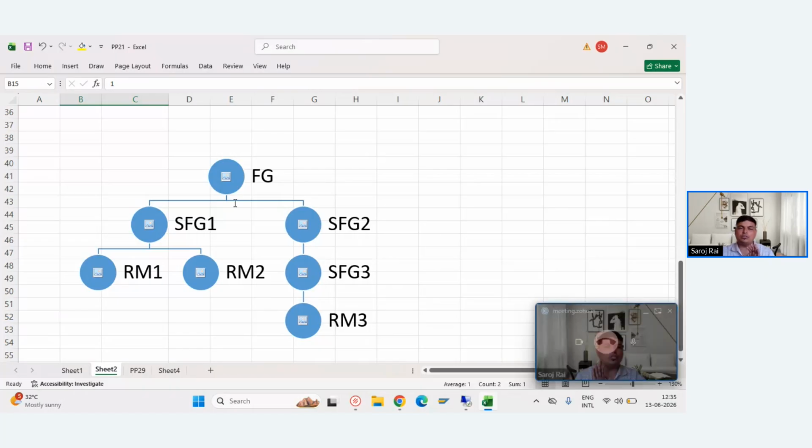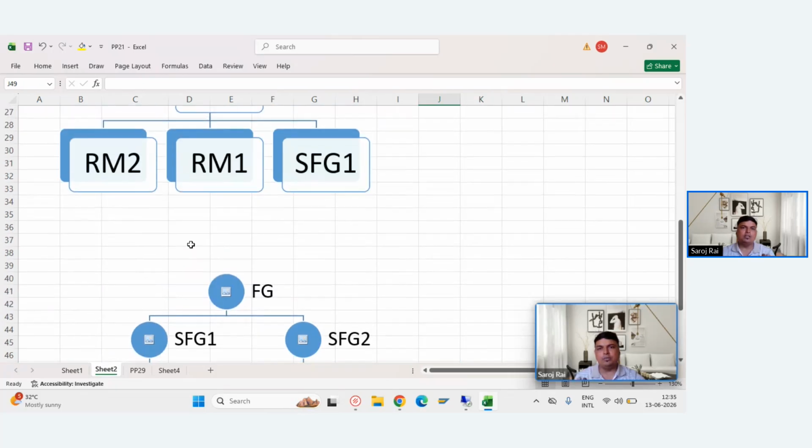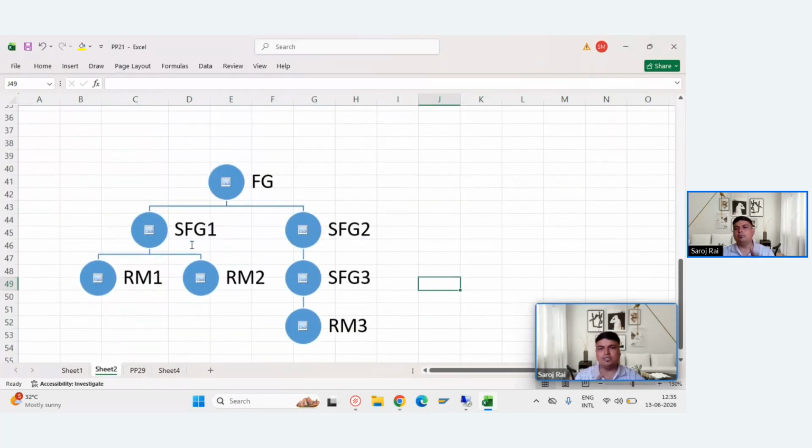So how will production happen in this case? From the bottom: first we produce SFG3, then SFG2, then SFG1, and then we get my final product. So this is a single item, multi-level BOM. For one BOM, there are multiple levels. The first BOM is single level, and the second is multi-level.